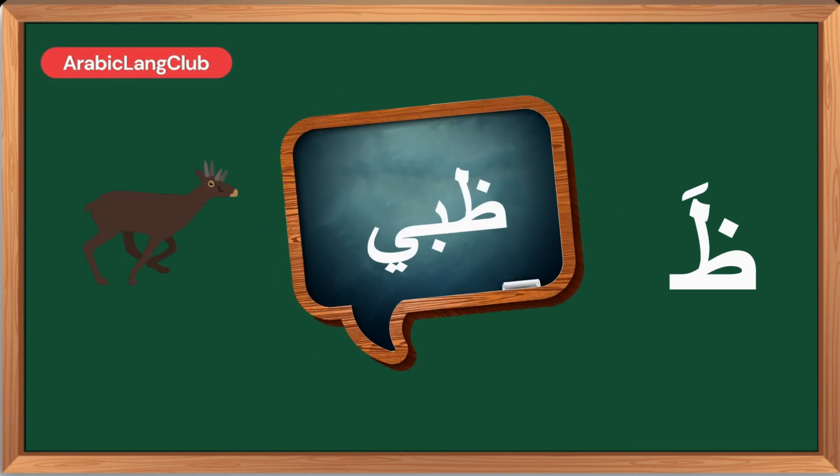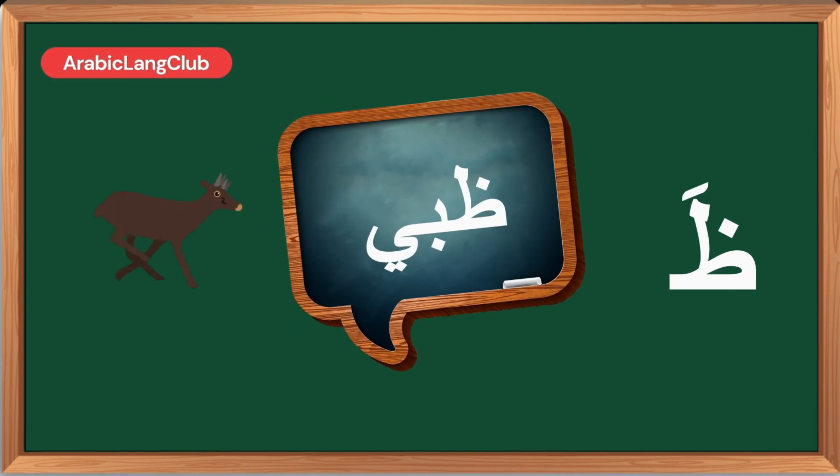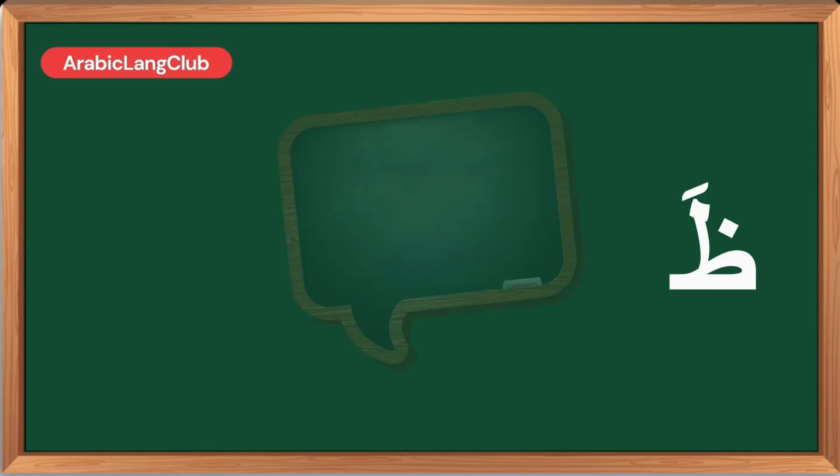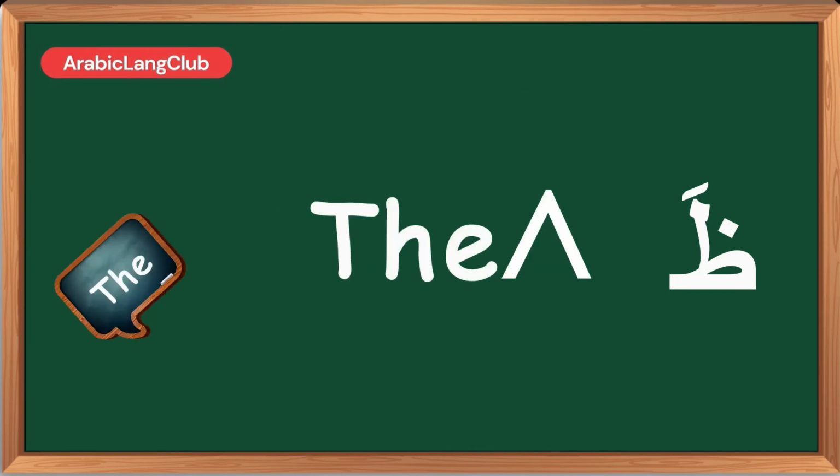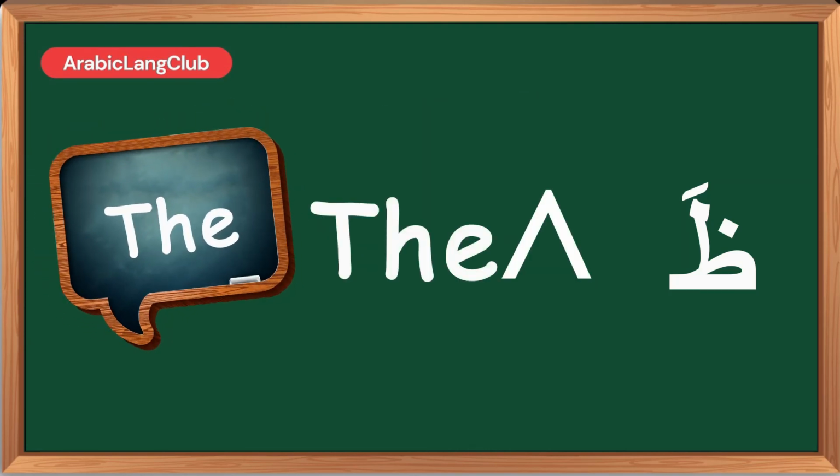Let's move on to the next letter. Va, like in the word Dhabbi. The sound is like the letter The in Arabic, but it's also a dark The. Listen. The, Va.